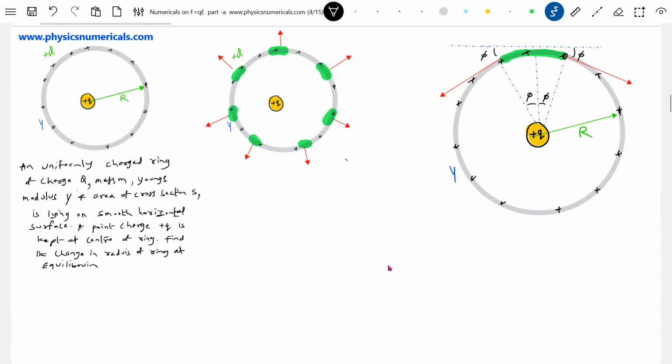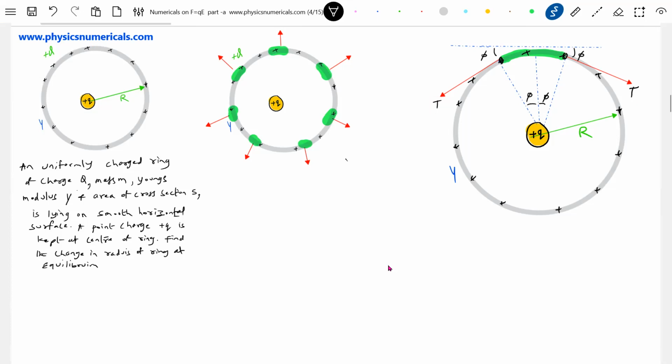Look at this. This is because it's a tensile force. And how will the restoring force act? Tangential to the length of the rope, or tangential to the length of the element. So I should take the restoring forces in this direction. Let this be T.